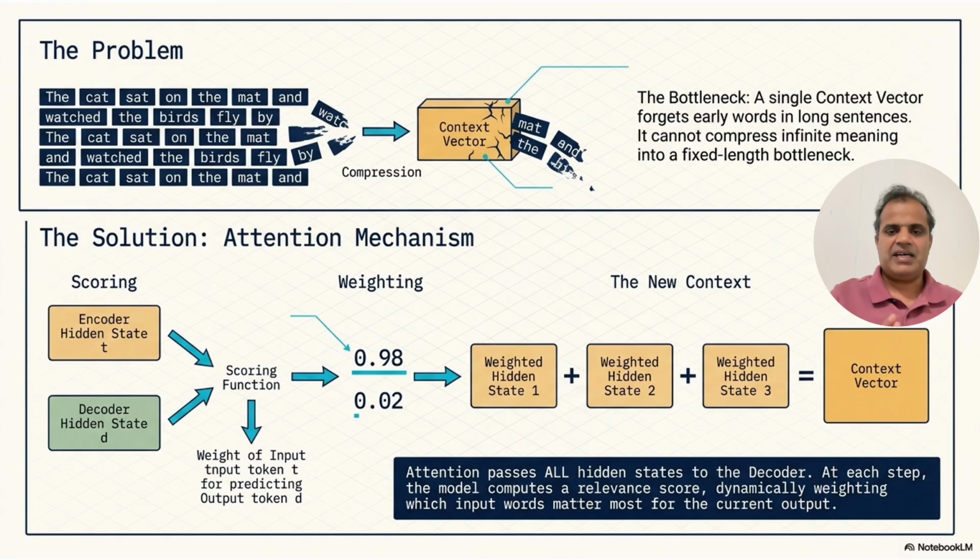Instead of a single vector, attention passes all encoder hidden states to the decoder. At each generation step, a scoring function computes relevance weights. This dynamically dictates which specific input words the model should focus on most to accurately output the current token.